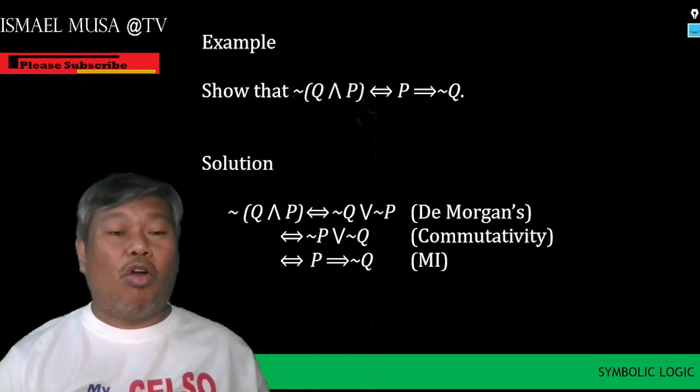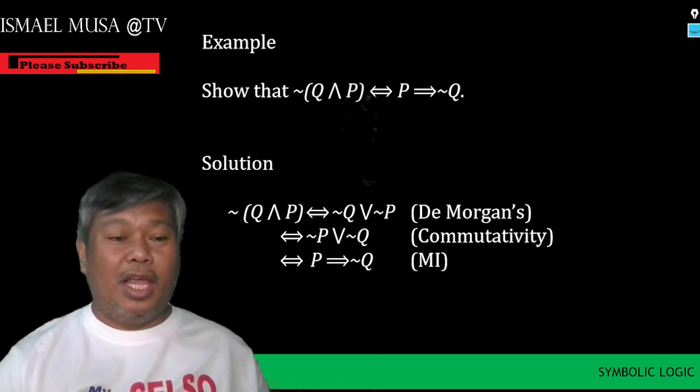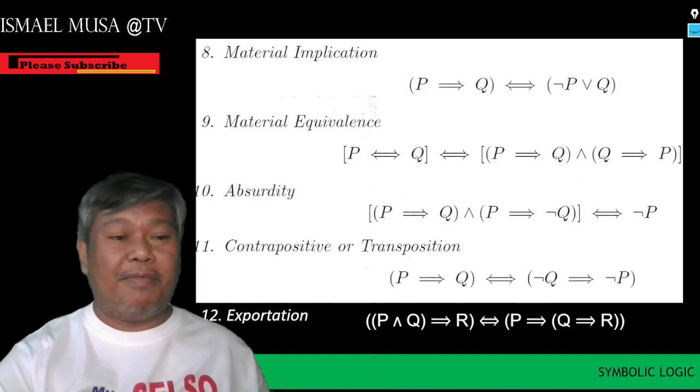That is commutativity. Then remember we have here an MI. What's MI?